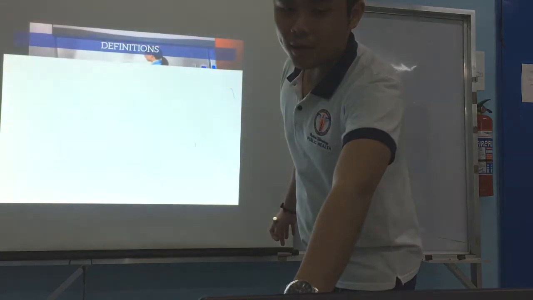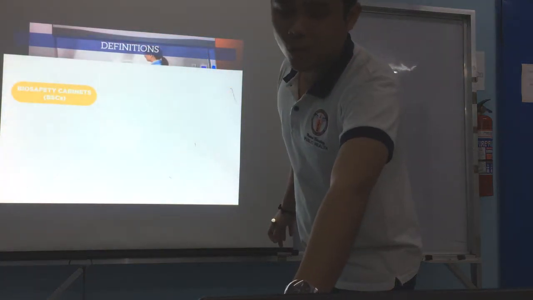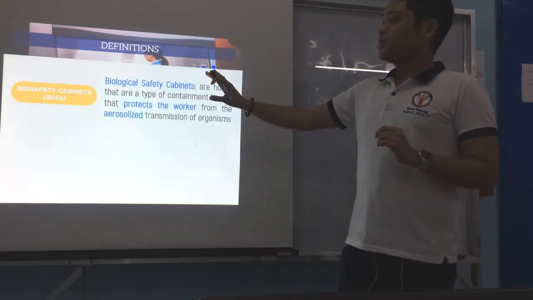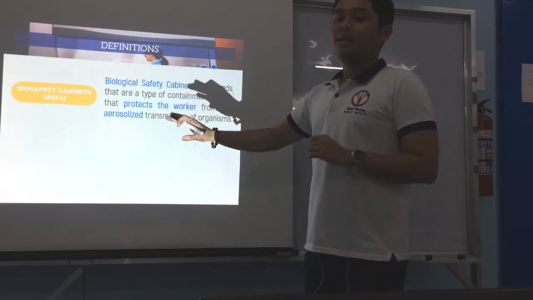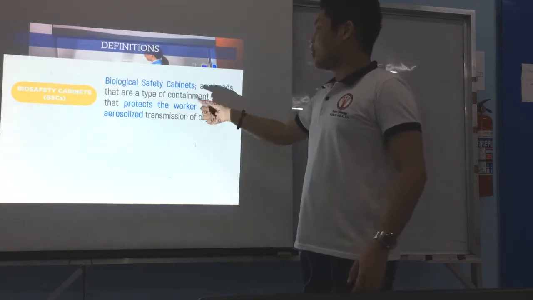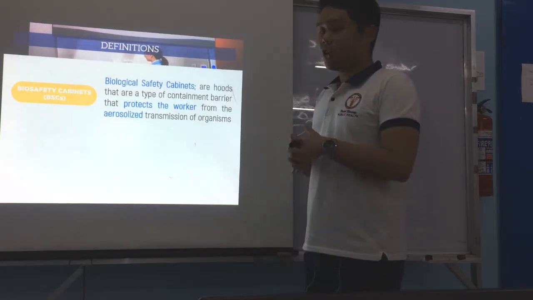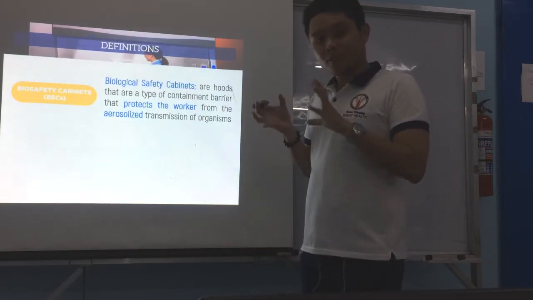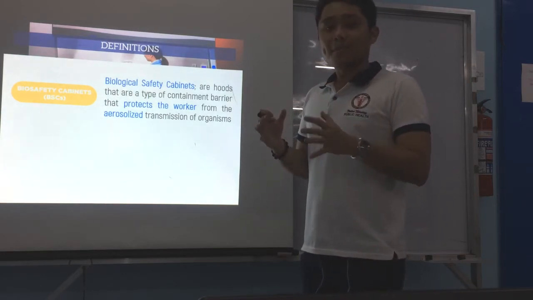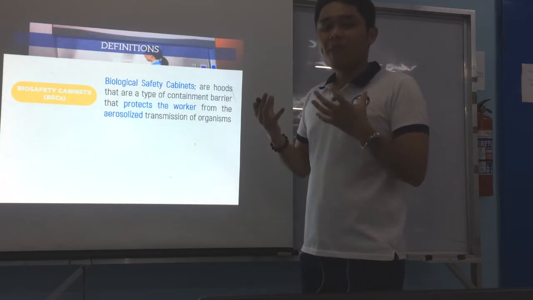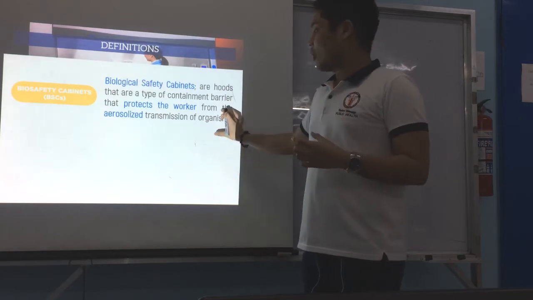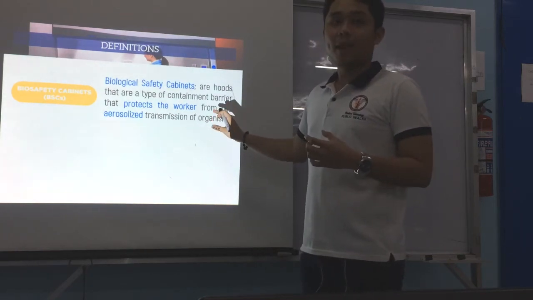So of course, first we're going to talk about the definitions. What is a biological safety cabinet and what is a biosafety level? We start with biosafety cabinets. They are a kind of equipment, a hood, a type of containment barrier that protects the worker from aerosolized transmission of organisms. The main purpose is to prevent the workers and also the environment from being contaminated by the organisms that they are processing.